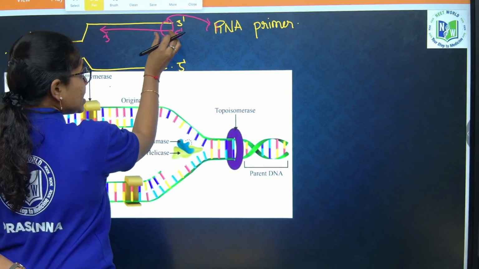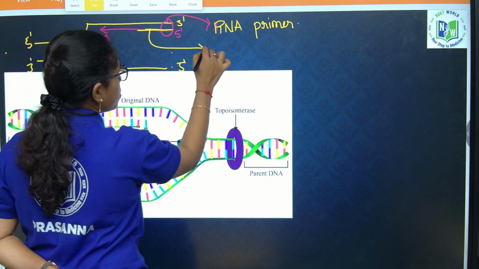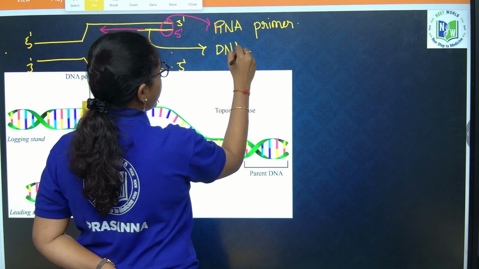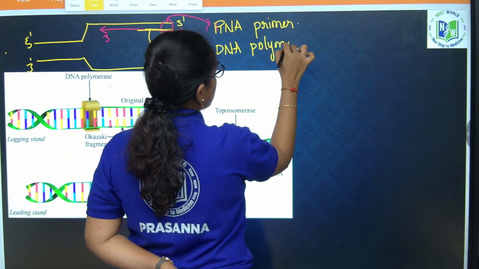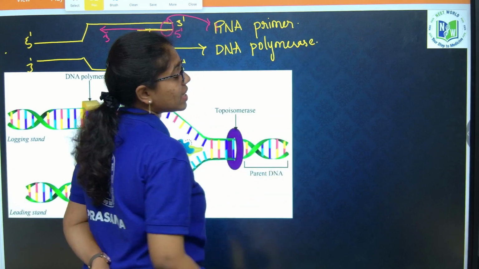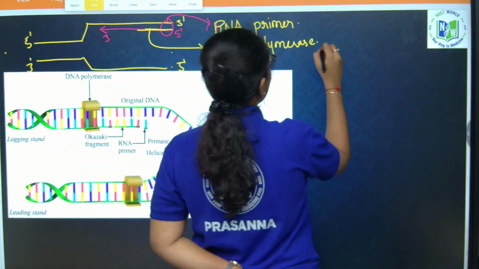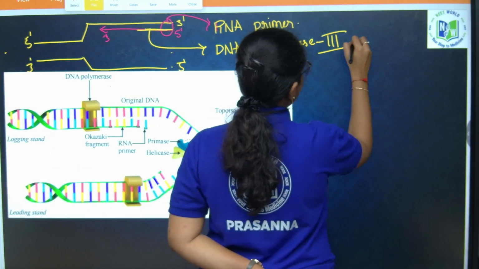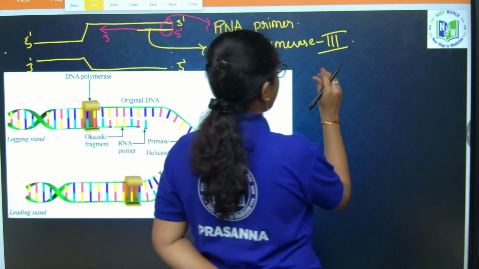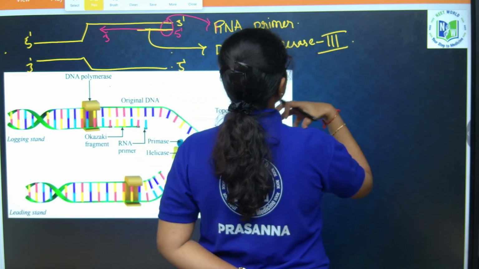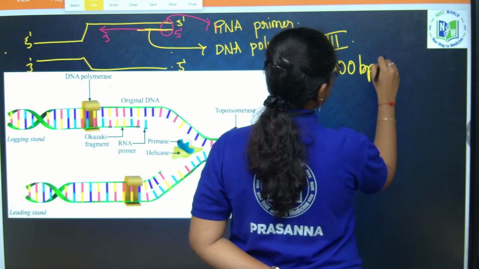Once the RNA primer is synthesized, DNA is synthesized by the enzyme DNA dependent DNA polymerase. The most effective enzyme which highly activates DNA synthesis is DNA polymerase 3 in prokaryotes, which adds around 2000 base pairs per second.